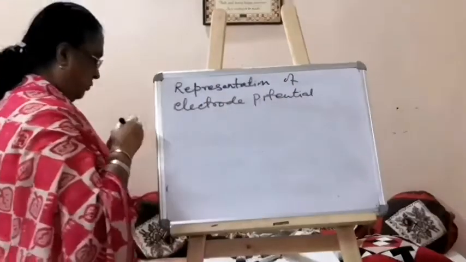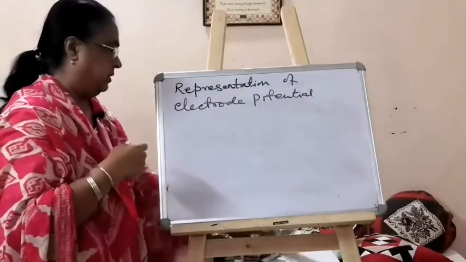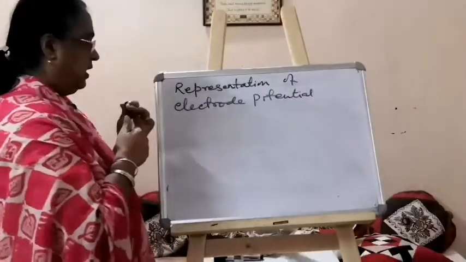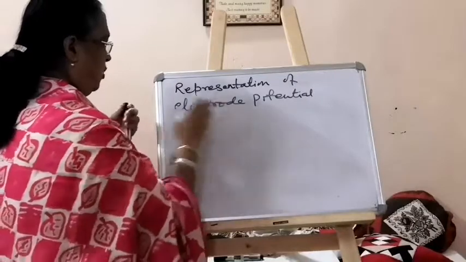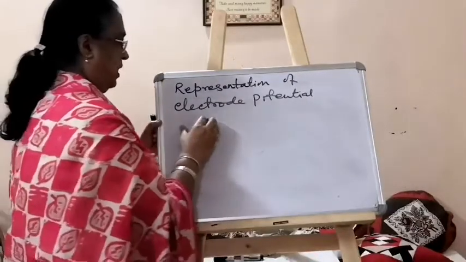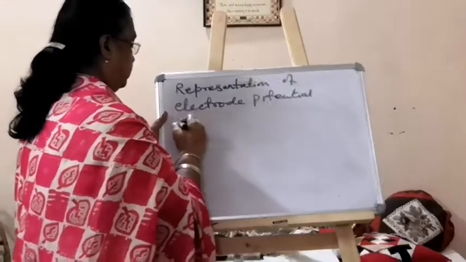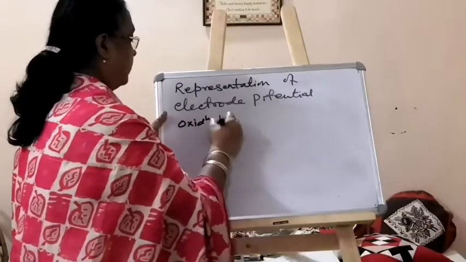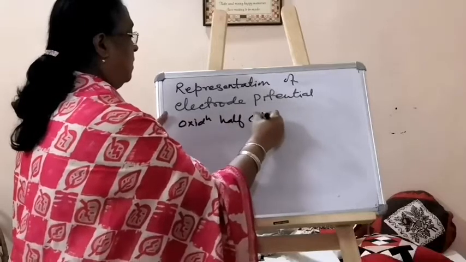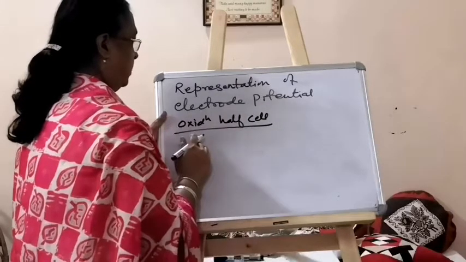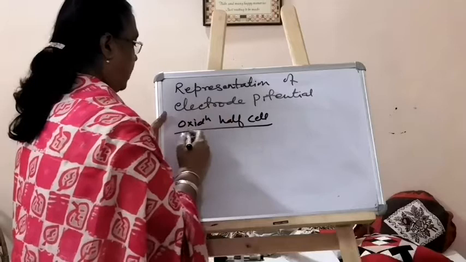What I have explained to you is that we have two half cells. So the electrode potential for one half cell, if it is your oxidation half cell, will be called oxidation potential.